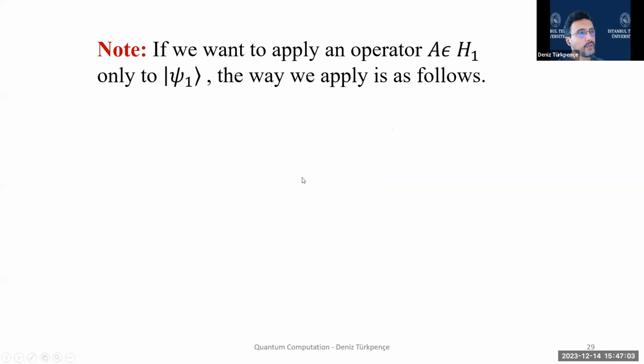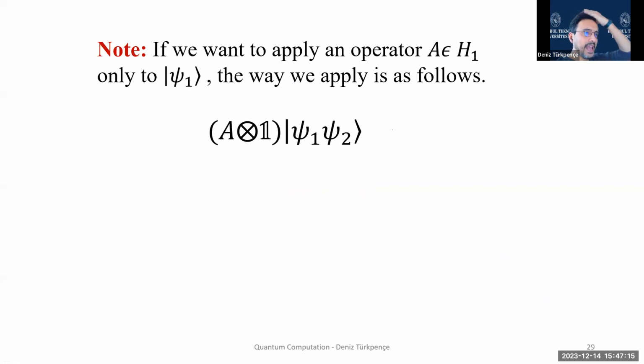Okay, if you want to apply an operator A on the first space, the way we apply it is the following. We want to apply A to the first space. So mathematically, how do we construct the relevant operator? You should tensor product with the identity.